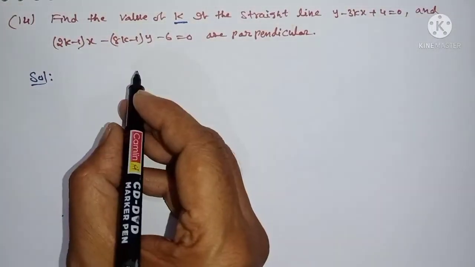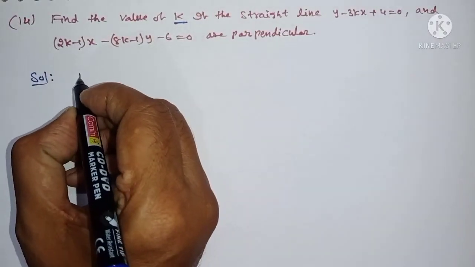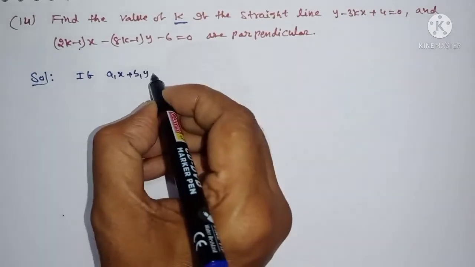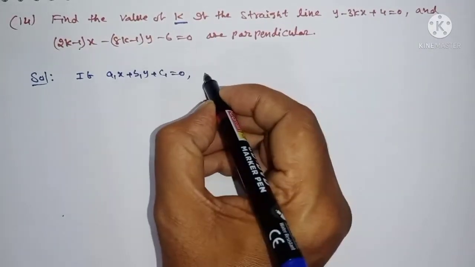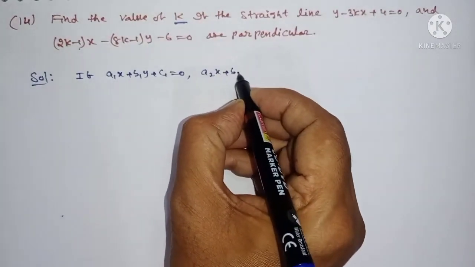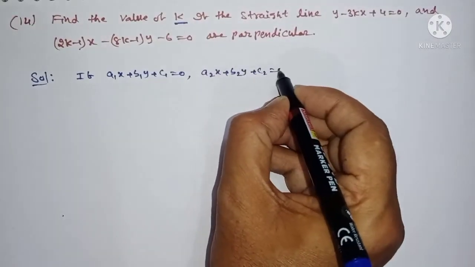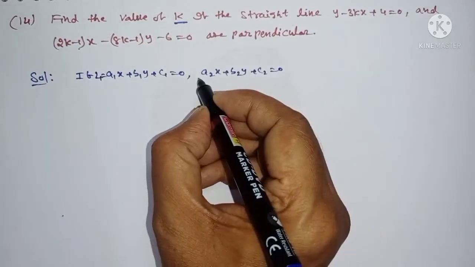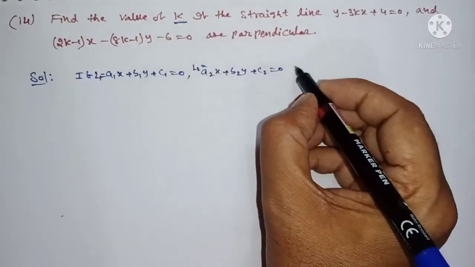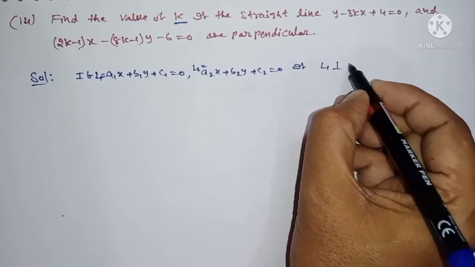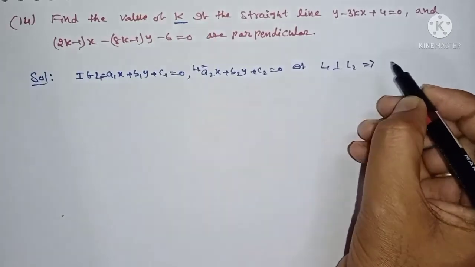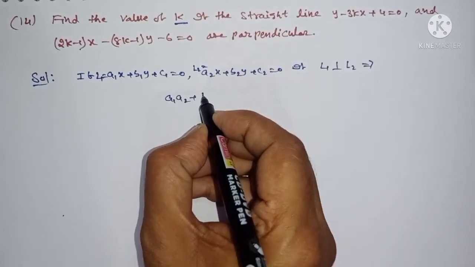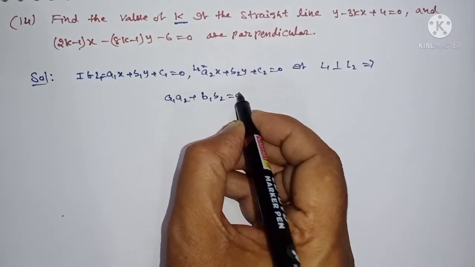Perpendicular is given, therefore you can write the formula: if a1x plus b1y plus c1 is equal to 0 and a2x plus b2y plus c2 is equal to 0, this is L1, this is L2. If L1 is perpendicular to L2, then we have the formula a1 a2 plus b1 b2 is equal to 0.